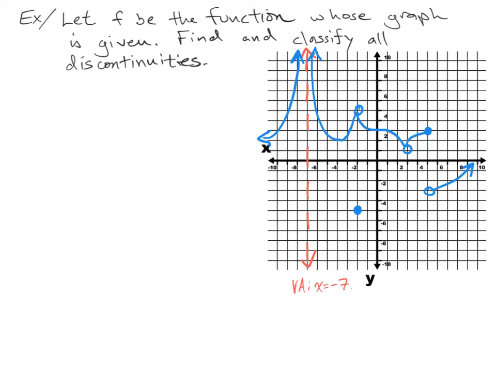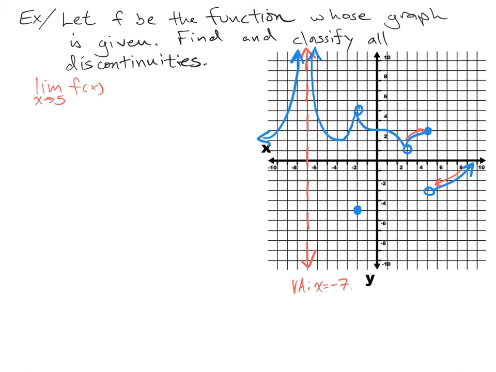Let's classify these. The first discontinuity I would like to look at is this one at x equals 5. So if we look at the limit as x approaches 5 of f of x, this is a two-sided limit, so we need to look as x approaches from the left and from the right.